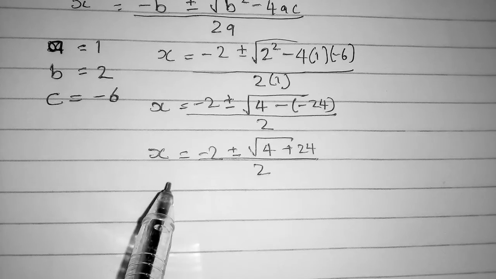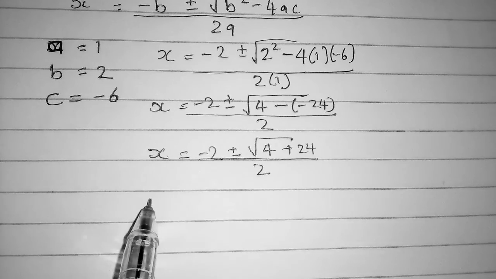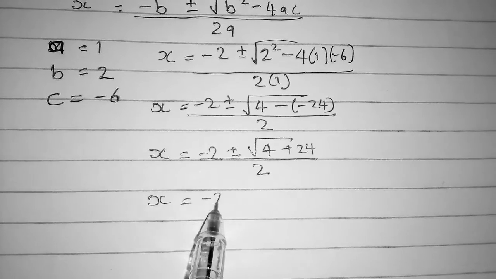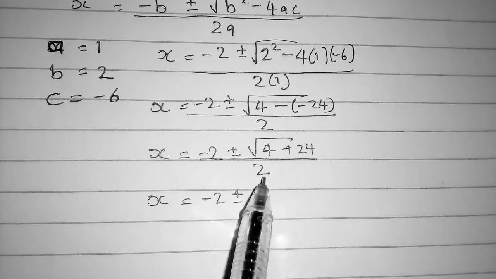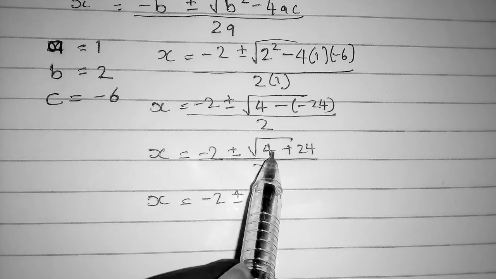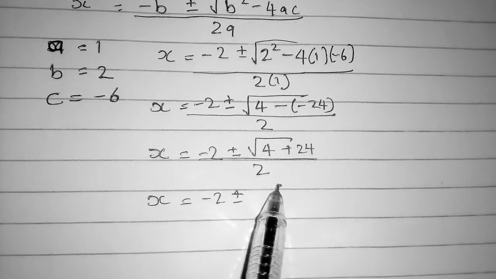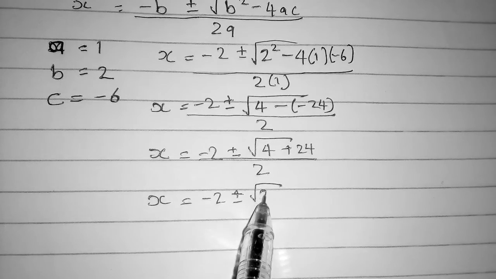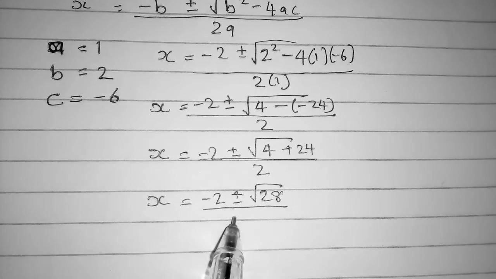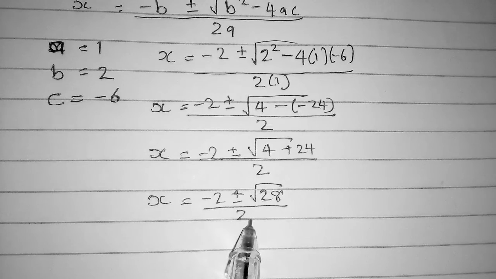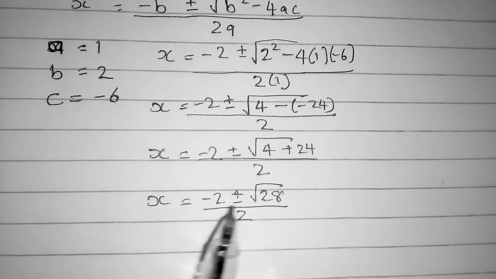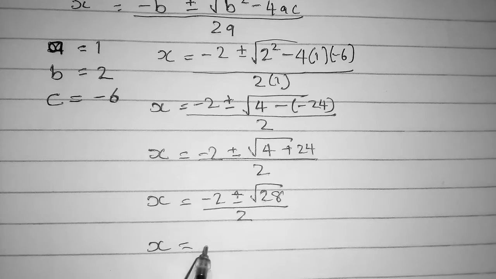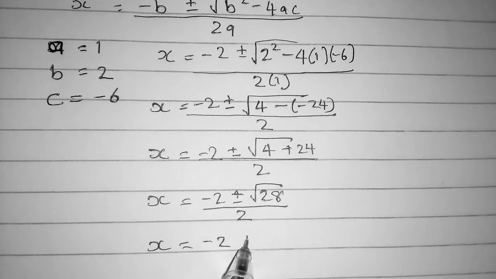Now, we have minus 2 plus or minus the square root of 4 plus 24, which will give us 28, over 2. So the square root of 28 is what?